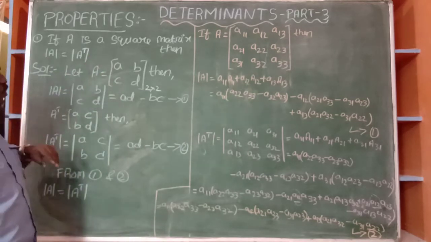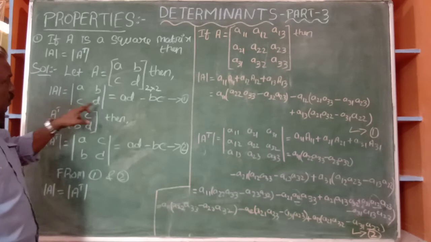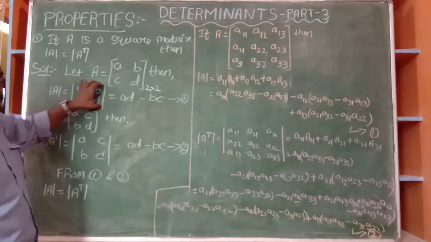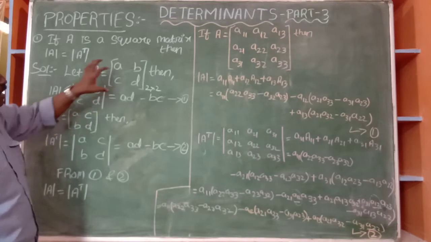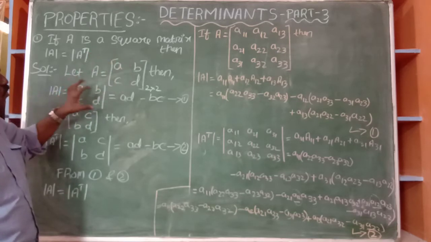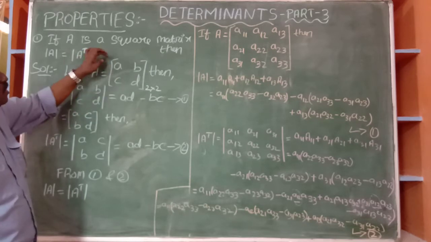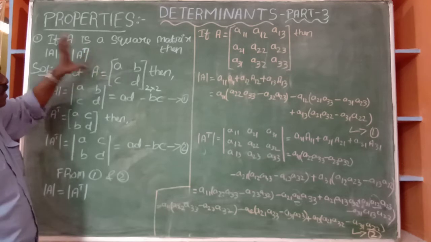Then determinant of A, this is the notation for the determinant, the vertical bars. The same elements, the same positions, rows and columns, as they are, we have to write. If curved brackets are there, it is a matrix.